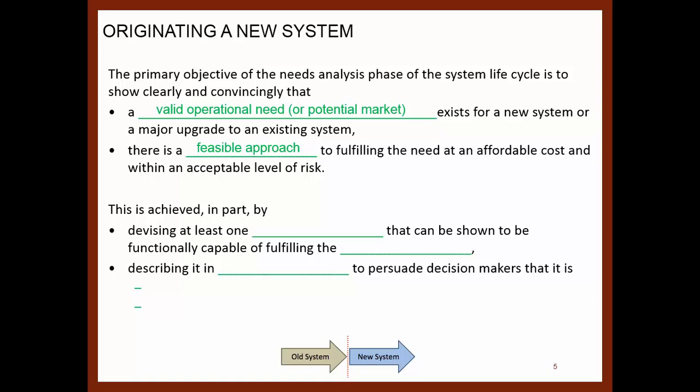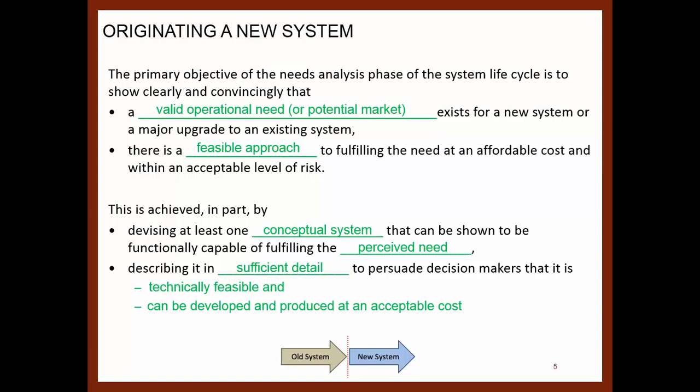So this is achieved in part by devising at least one conceptual system that can be shown to be functionally capable of fulfilling the perceived need. Describing it in sufficient detail to persuade decision makers that it is technically feasible and can be developed and produced at an acceptable cost. So most of the time you're going to start your sell for the new system with a proposal like you did for your project.